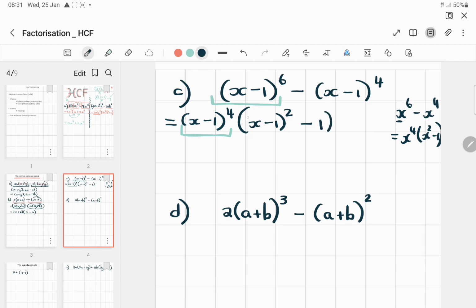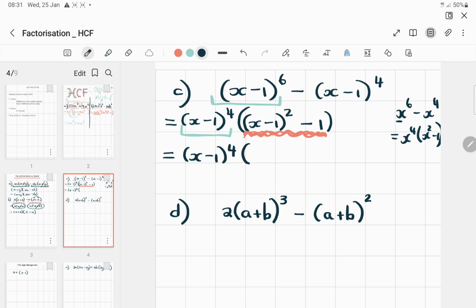Because there are now these double brackets, we're going to clean up. When you can simplify inside the bracket, you have to. So we are left with (x − 1)^4 times what is left.